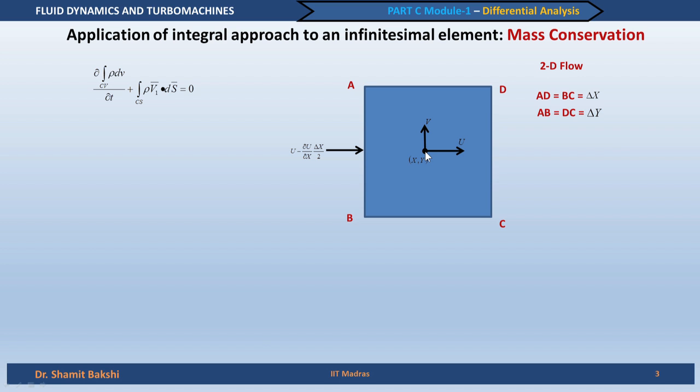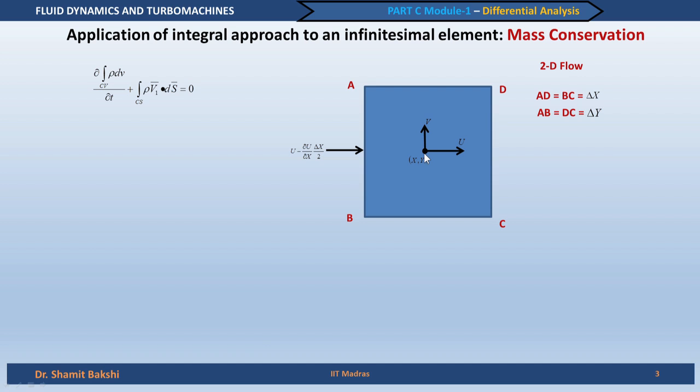As velocity is a continuous function, and we know the velocity at the point x comma y, we can find the velocity at the control surface from the same velocity and the velocity gradient information by using Taylor series expansion.